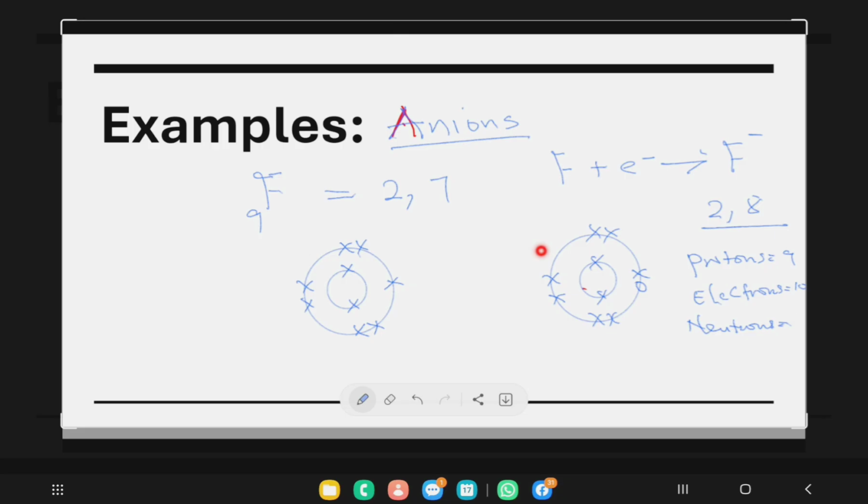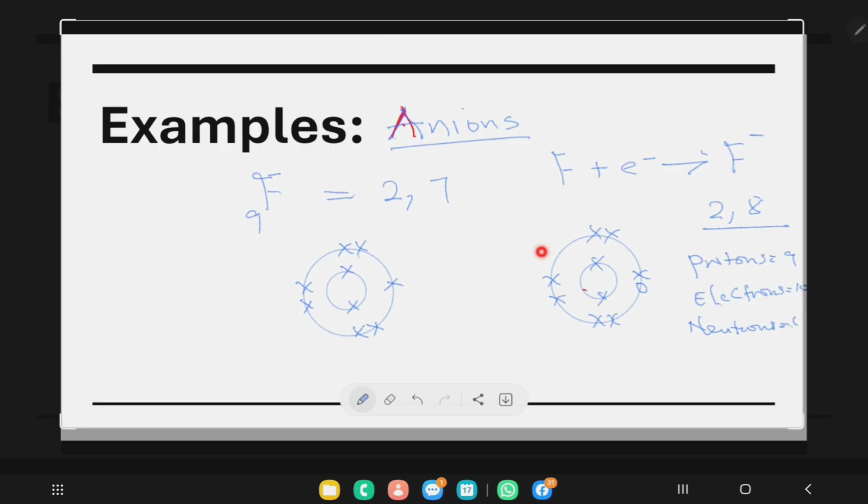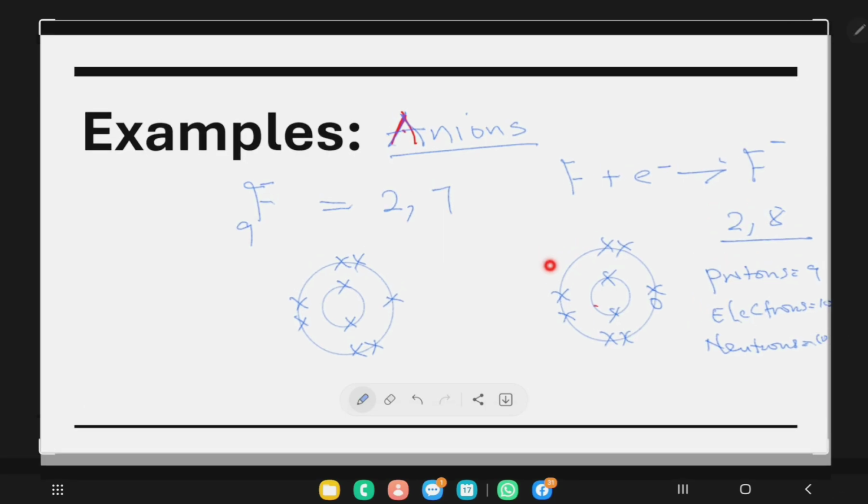Let's say the mass number is 19, so the neutrons will be 10. Now, what has happened here? This fluoride ion has attained the noble gas configuration of neon, Ne, with atomic number 10, which gives us 2, 8.